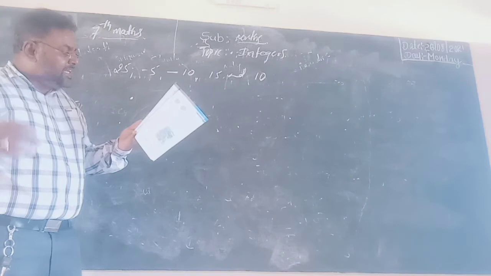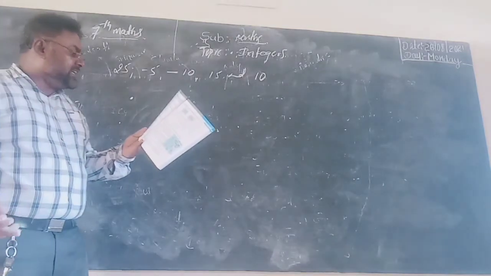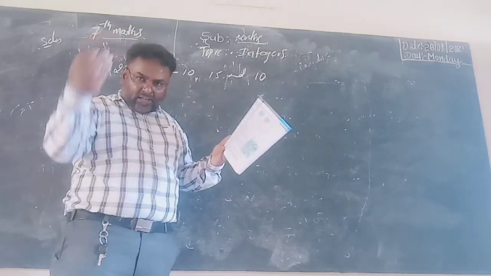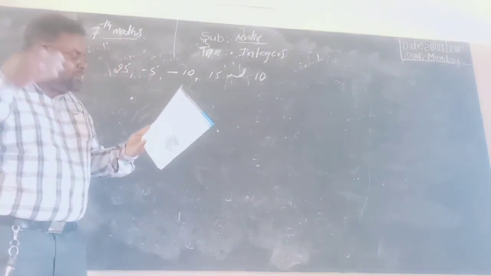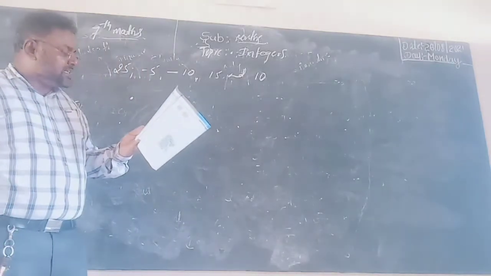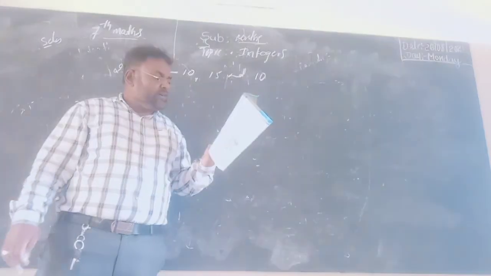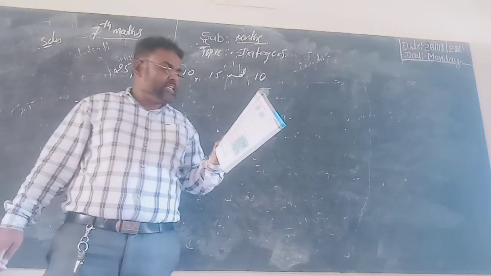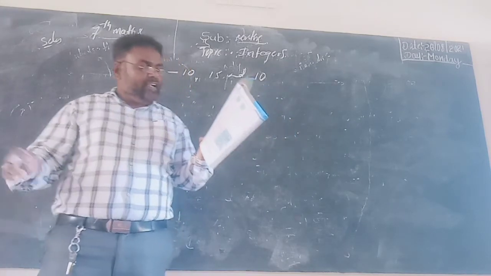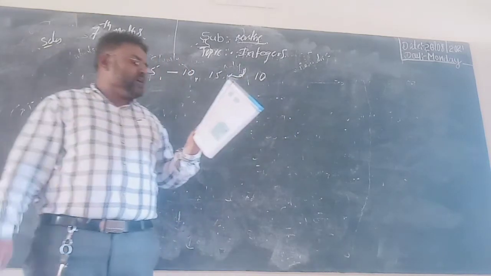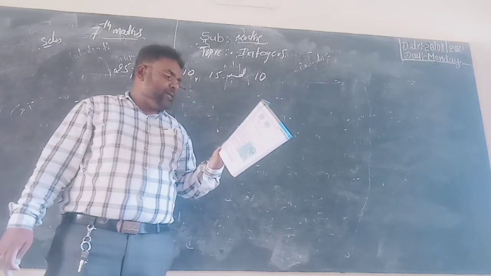Dropped means minus, less. What was the temperature on Tuesday and on Wednesday?